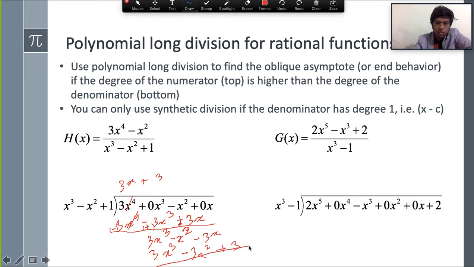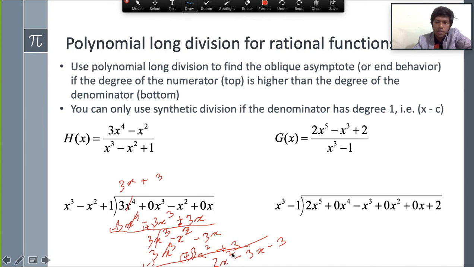Then we write it this way. This and this will be minus, this cancels out, this is plus. So this is 3x square, this is plus 3x square, this is minus x square, that means 2x square is remaining. Then this is minus 3x, so it will automatically come down here, and then this is plus 3, so it will become minus 3.